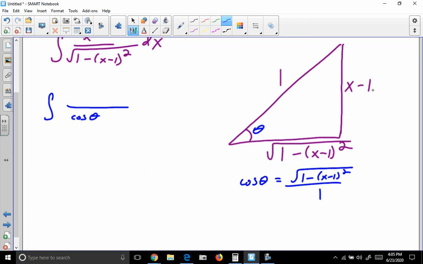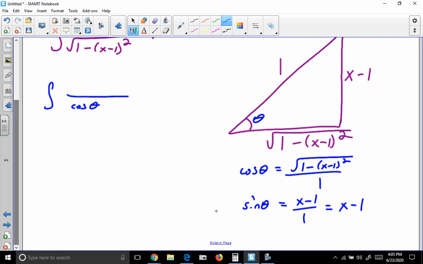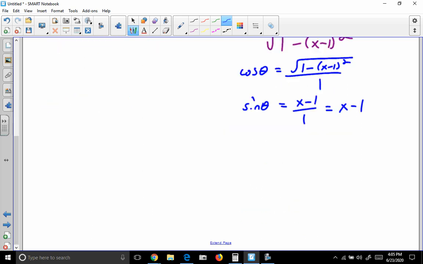Notice x minus 1 over 1, that's sine, opposite over hypotenuse. So sine is x minus 1 over 1, which means x is sine plus 1. Add 1 to both sides, so sine plus 1 is x.